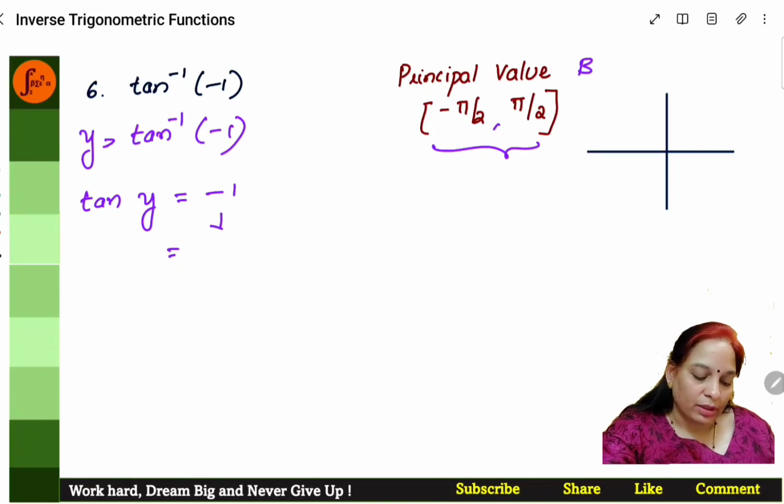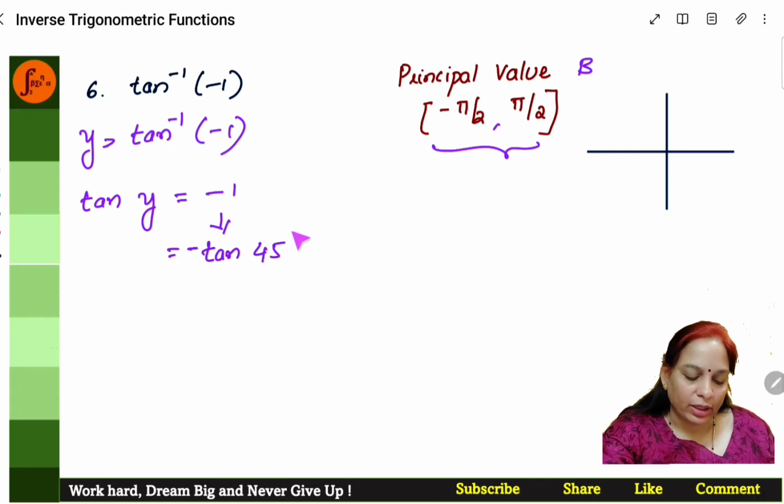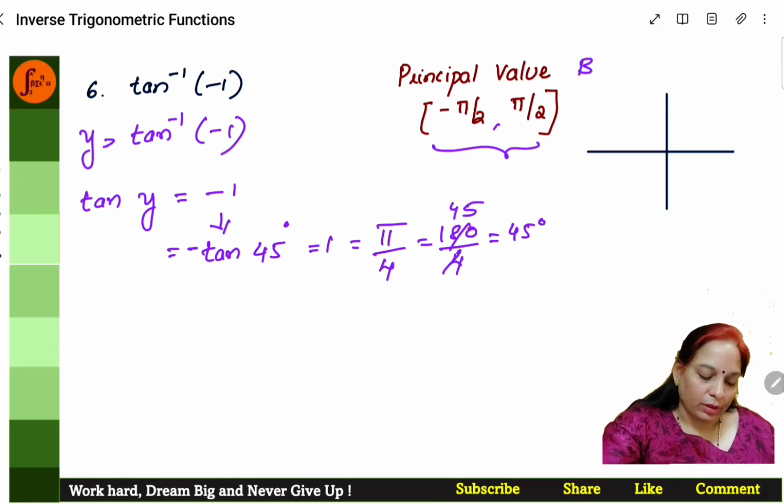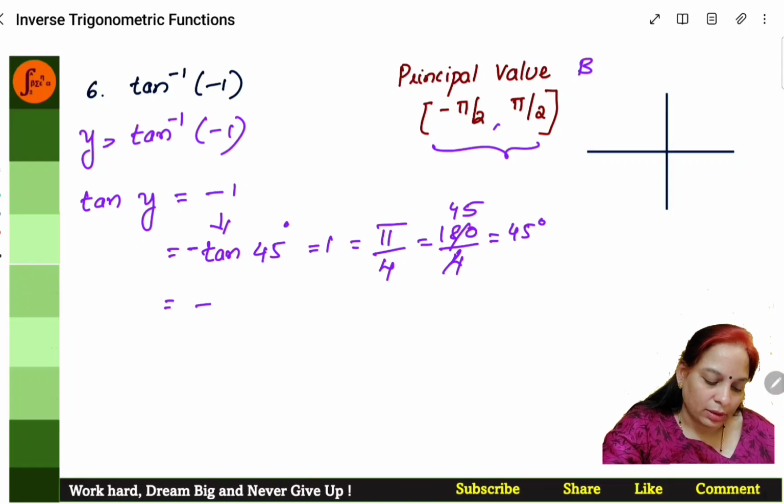Now what does 1 correspond to? 1 is nothing but tan 45 degrees. Let's put this minus sign. Tan 45 degrees. What is tan 45 degrees? It's 1. And what is this? It's pi by 4. Pi by 4 is 180 by 4, which is 45 degrees. Right? So you should write it as minus tan pi by 4.